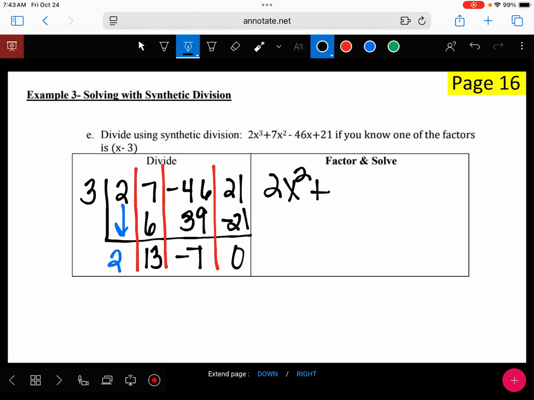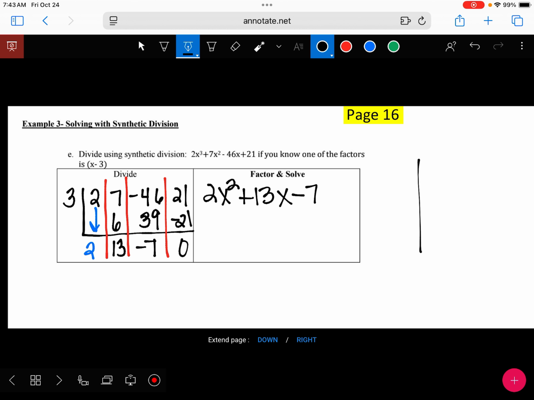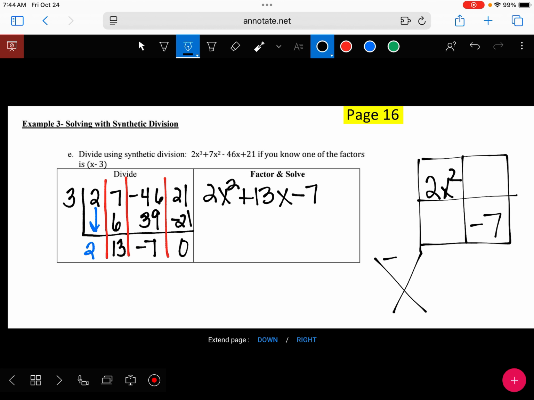All right, so we got this, which means I have to make a box. 2x squared goes here. -7 goes here. So I need to figure out two numbers that multiply to be -14, because that's what I get when I multiply these together. And 13 goes at the bottom.